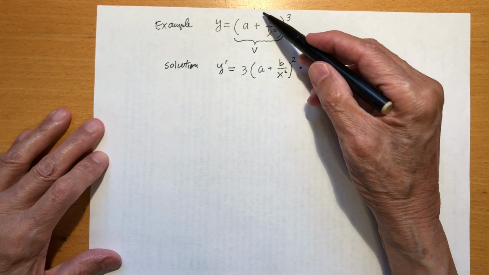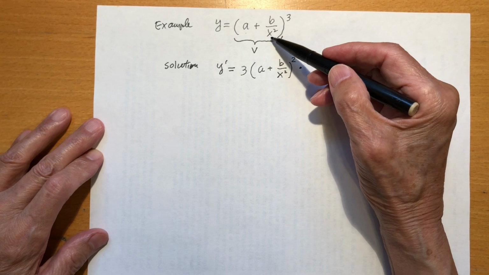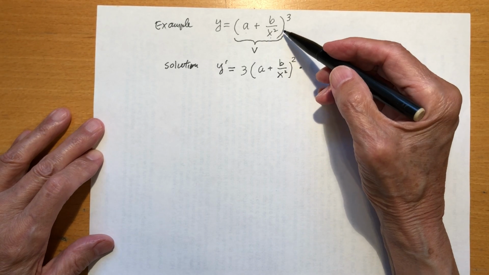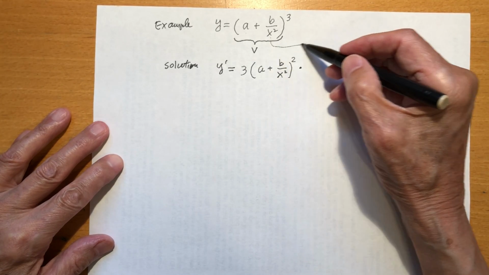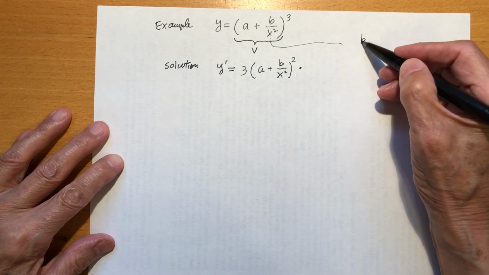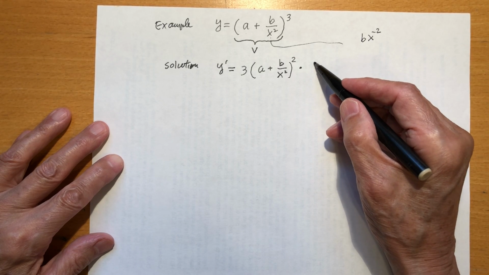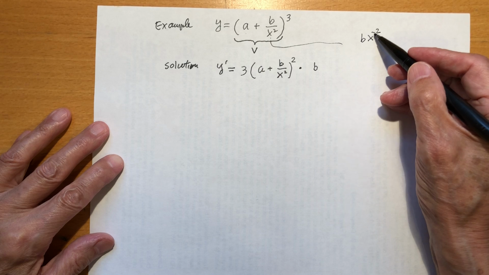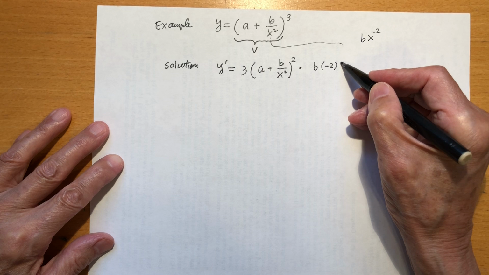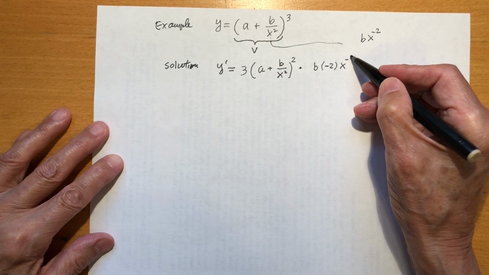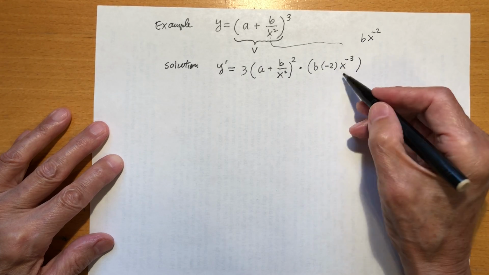Therefore, the derivative of a is 0. The derivative of this part, you need to change 1 over x squared to x to the negative 2. So this part is b x to the negative 2. So we do the derivative of this, which is b, negative 2 goes to the front, and x becomes negative 2 minus 1, which is negative 3. So this part is my v prime.